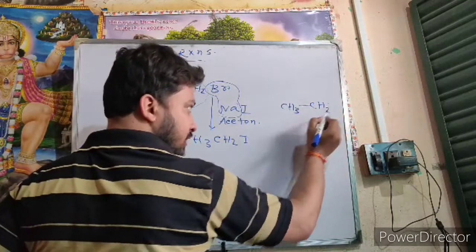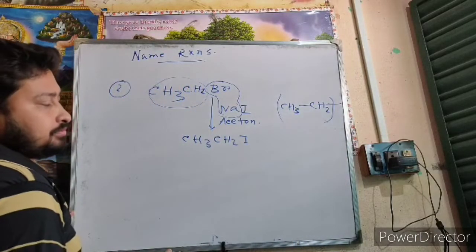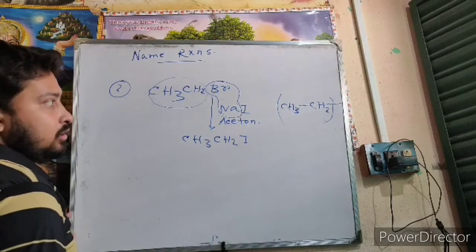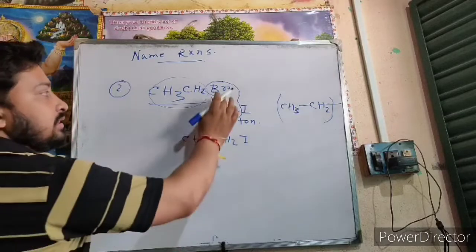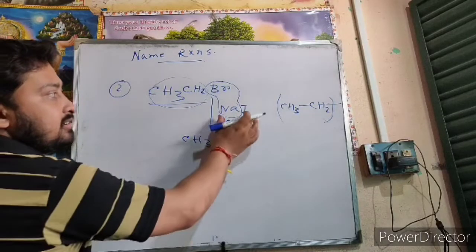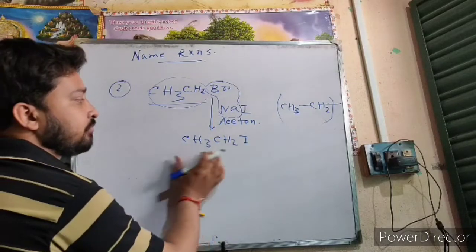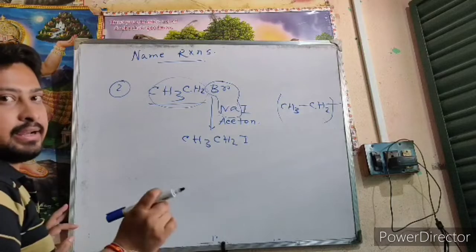You remove one hydrogen from here, the valency is empty, so this is called an alkyl group. You can take any alkyl halide, react it with NaI and acetone, and you get this type of product. This is the Finkelstein reaction.